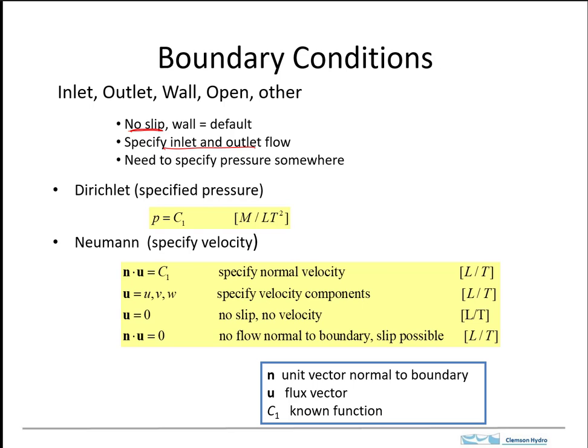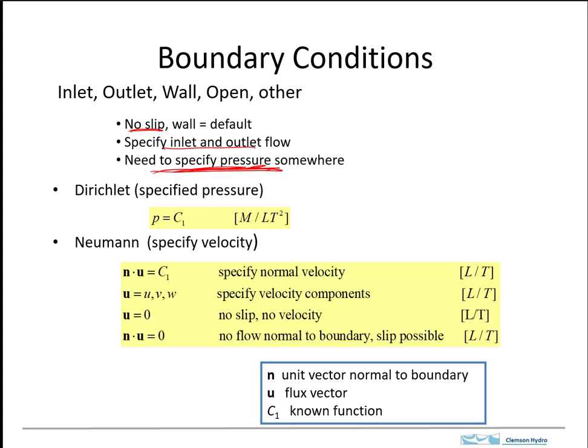And one thing to keep in mind is that for steady state problems, we're going to need to specify the pressure somewhere. If you don't do that, you won't be able to solve the problem. So just keep that in mind. If you get some peculiar errors, just check and make sure that you specified the pressure someplace.